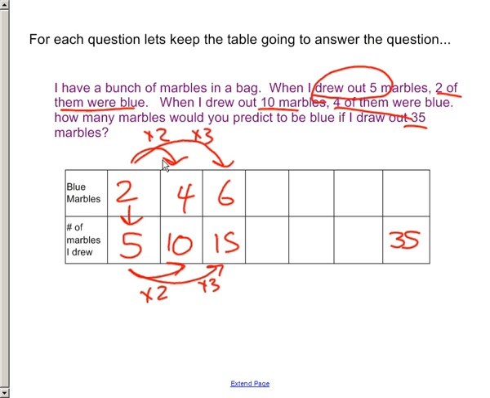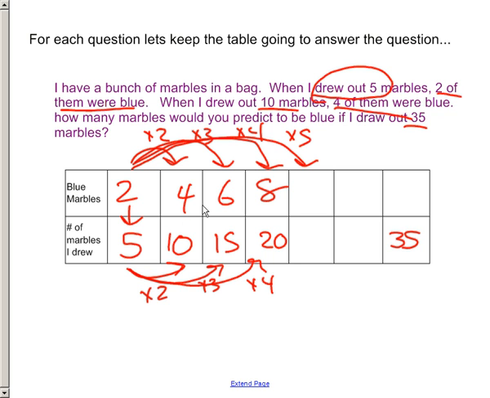All right, let's keep going with that. We did times 2 and times 3. Let's do times 4. 2 times 4 is 8. 5 times 4 is 20. Okay, let's do times 5. If I do the number of blue marbles times 5, I get 10. But then I would have to do 5 groups of total times 5, which would equal 25.